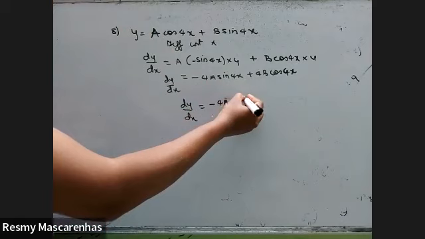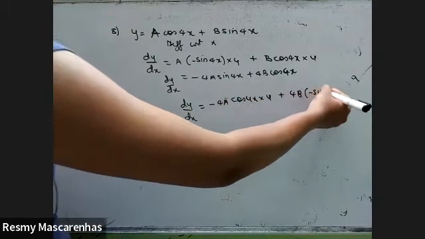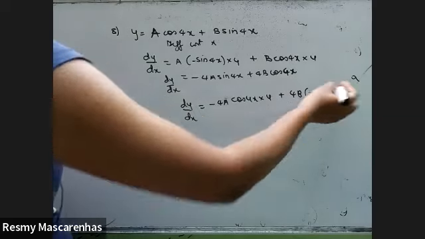The derivative of sin is cos 4x into 4, and minus sin 4x into 4.